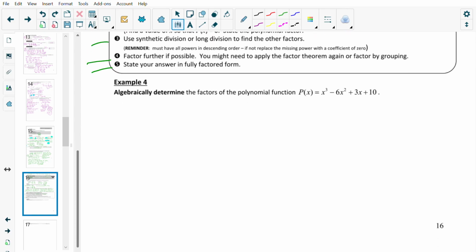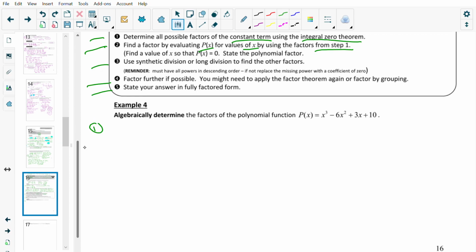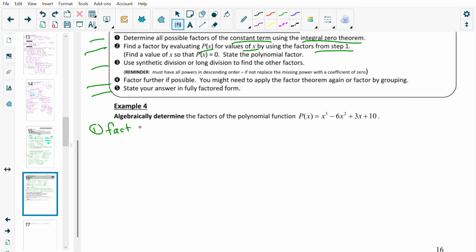All right. Example 4. Algebraically determine the factors of the polynomial function p of x equals x cubed minus 6x squared plus 3x plus 10. Step 1. Factors of, what's my constant term? Integral zero theorem. There's 10, right? Factors of 10.